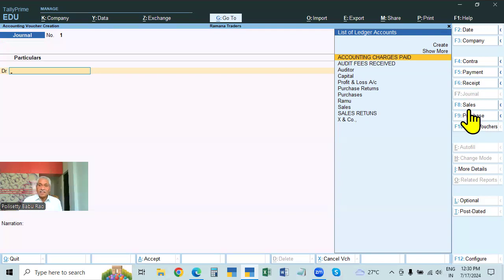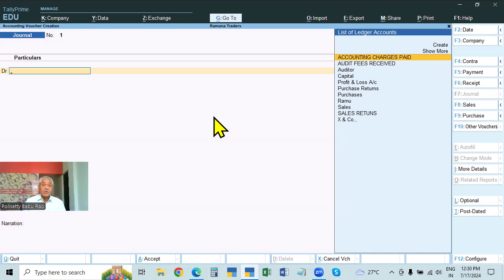In that case, if it is a cash transaction, that is purchase of asset or sale of asset for cash, we will enter the payment and receipt. Purchase of asset, make the payment, we will enter the payment voucher. And the sale of asset, we will get the money, so we will enter the receipt voucher for the sale of any asset.